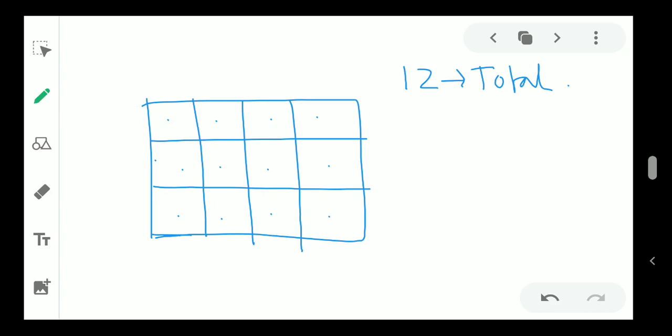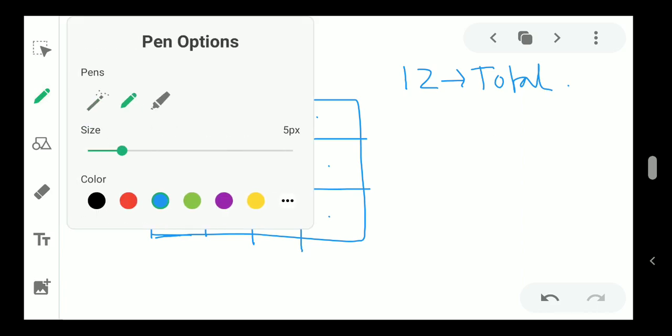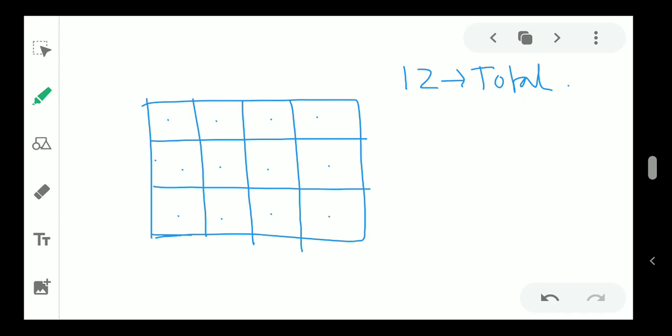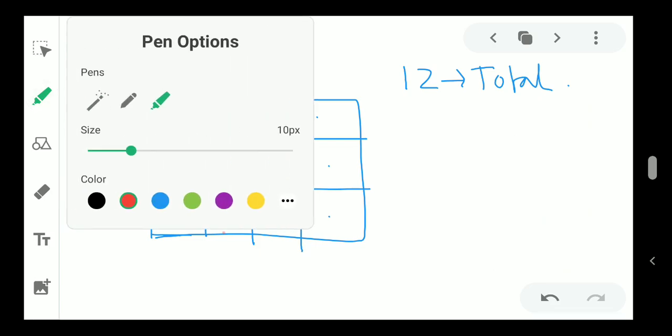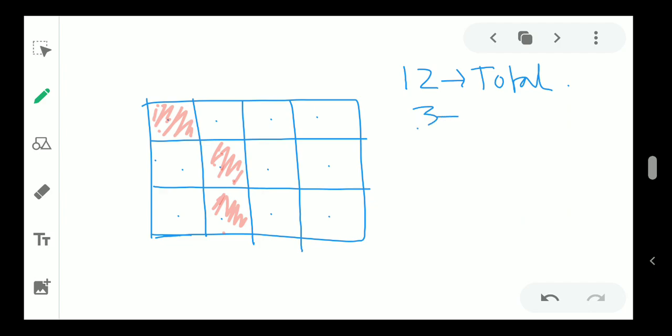Now if you color 3 of it, like this one, and this one, in that case 3 will be your selection. So you have colored 3 by 12 portion of it.